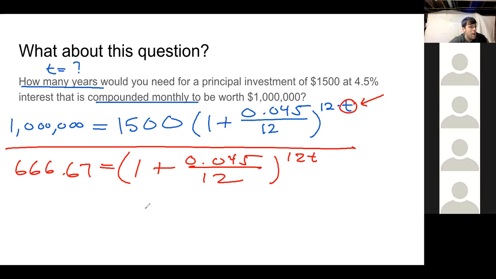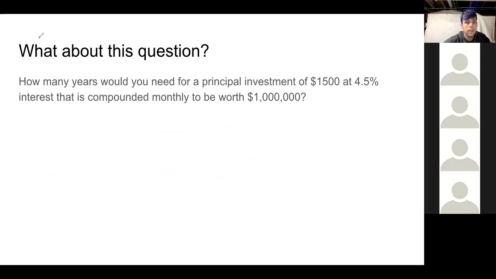But now we get to this situation where, how do I solve for this variable? What we need to do is actually use what are called logarithms. The way that we solve for a variable that's in an exponent place is by using logarithms. We haven't done that yet, so for now, we're going to say we don't really know the answer to this question. We'll save it for later.